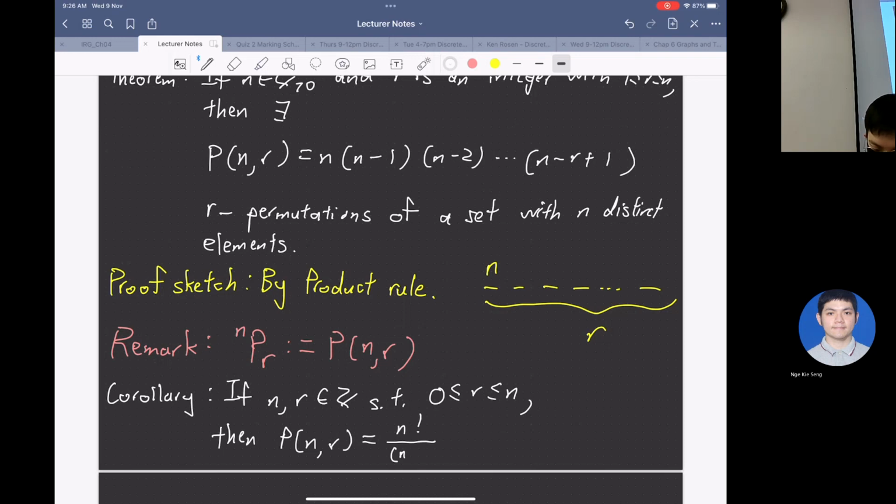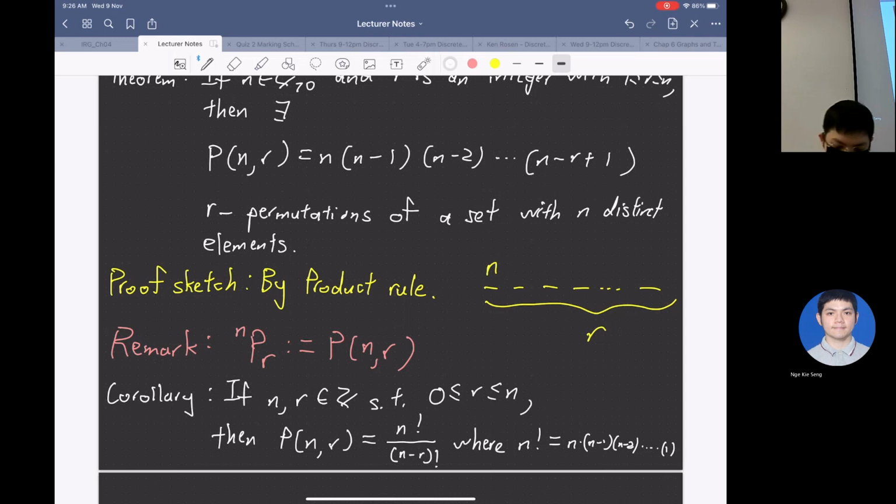Another way to write this down is P(n, r), your textbook notation: n factorial over (n minus r) factorial. To remind you, n factorial is n times n minus 1 times n minus 2, all the way down to 1.